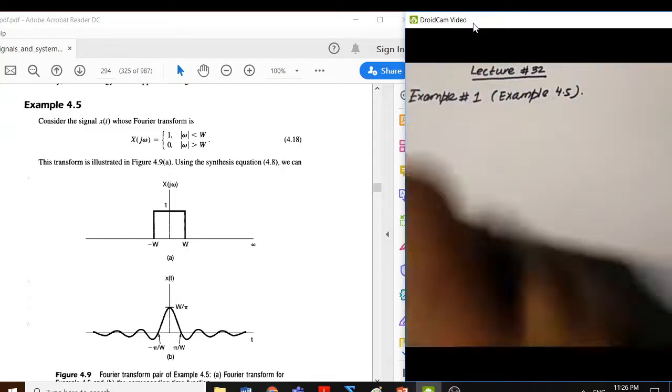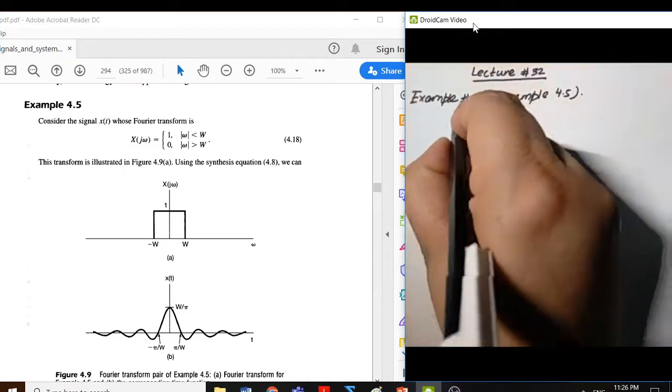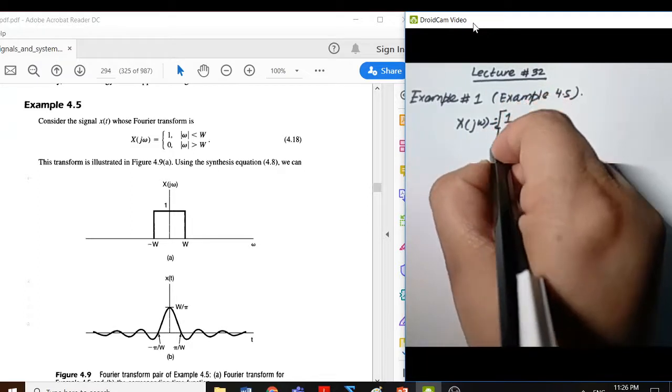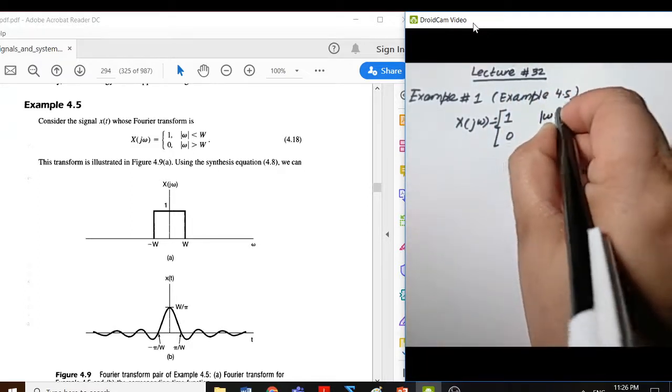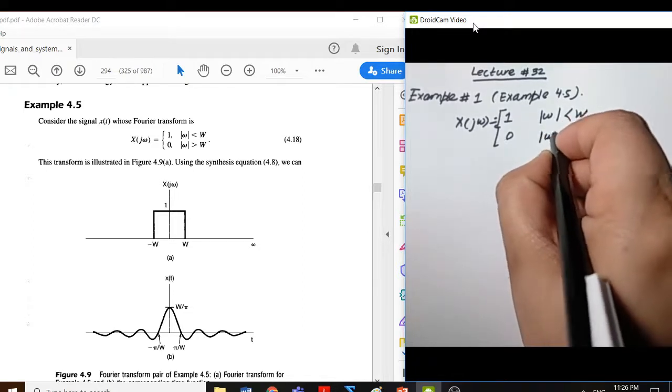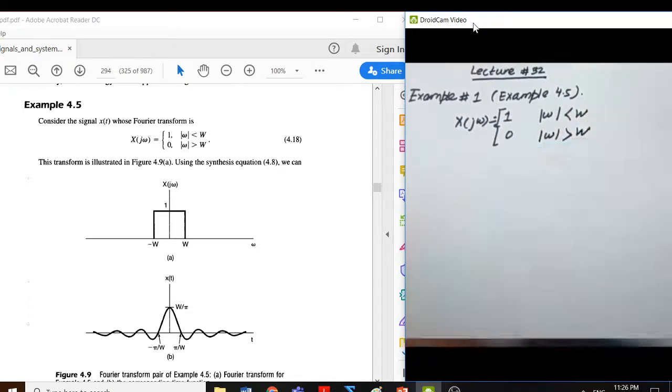Suppose for instance we are given X of j omega is equal to 1 for omega less than capital W, and 0 for omega greater than capital W, where capital W is the width for the wave.